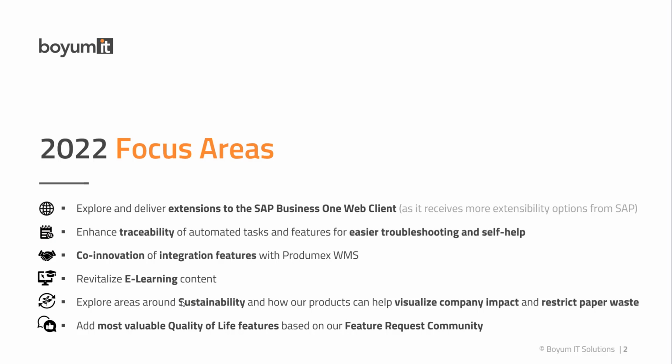That is to explore the web client, enhance traceability for easier troubleshooting and self-help, co-innovation with Protomix, e-learning should be revitalized, some sustainability features, and of course quality of life, as we always do, based on feature requests. And this release tackles the first three of these entries in a major way.